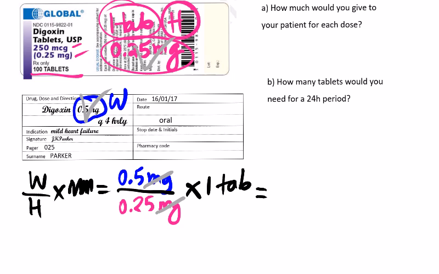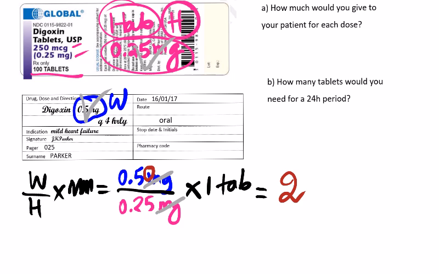Now this division, we could actually look at that 0.5 as 0.50, like 50 cents. 0.50 divided by 0.25, we can do that in our heads. It goes twice, and then 2 times 1 will be 2. But what can we do?